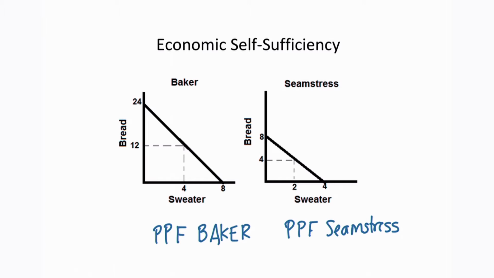Now, if they are economically self-sufficient, their production possibility frontier will be equal to what we call their consumption possibility frontier, which is the total amount that they can consume of each good. So if they split their time evenly, the baker is going to produce 12 loaves of bread and 4 sweaters, and the seamstress is going to produce 4 loaves of bread and 2 sweaters.